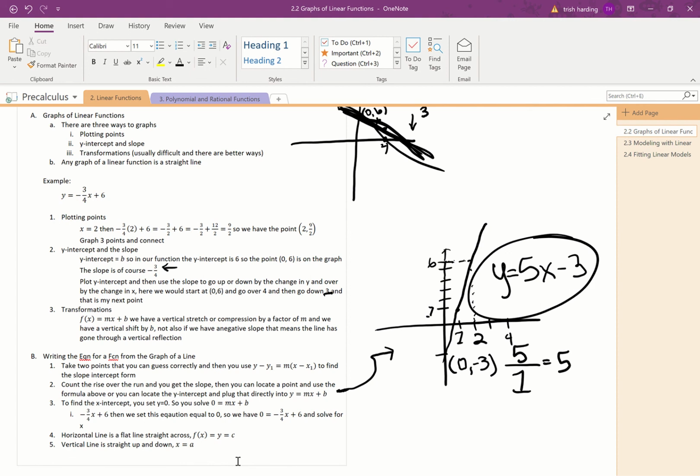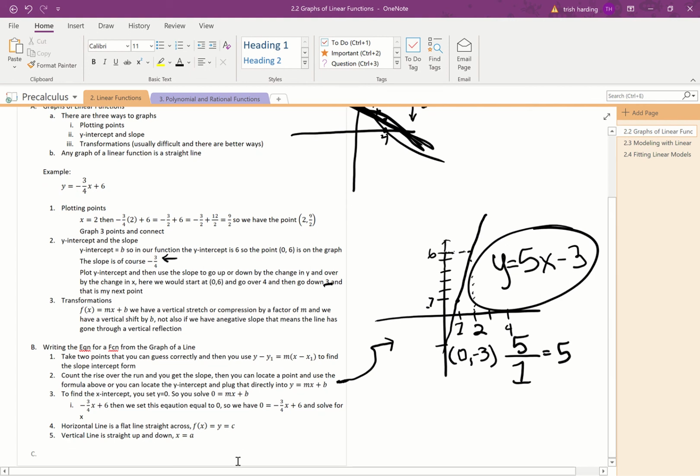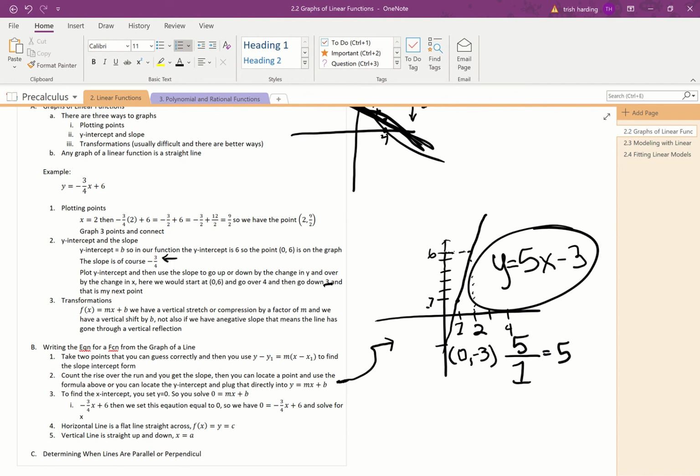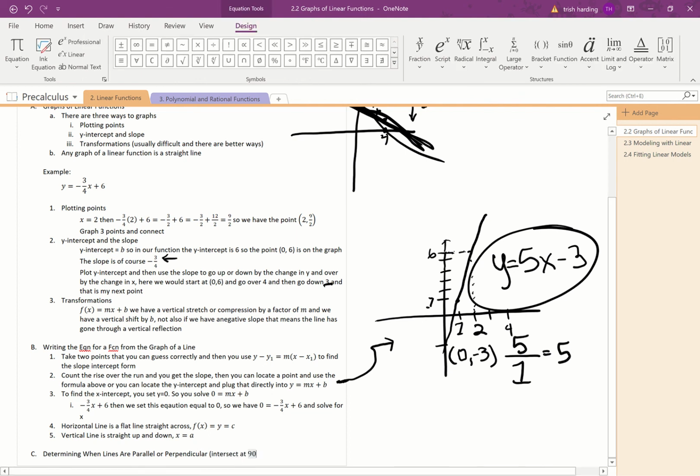Now, the next thing we're going to come across is determining when lines are parallel or perpendicular. And parallel, remember, is when they will never touch, and perpendicular is when they intersect at 90 degrees.